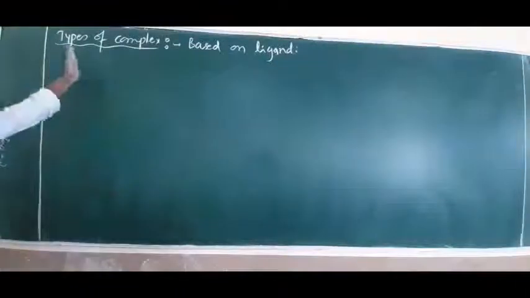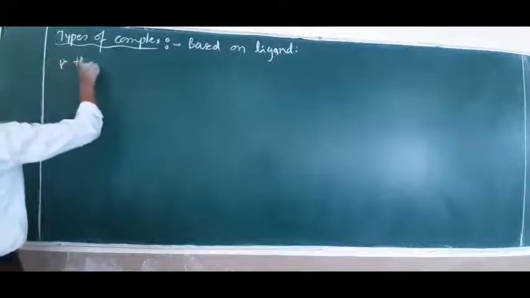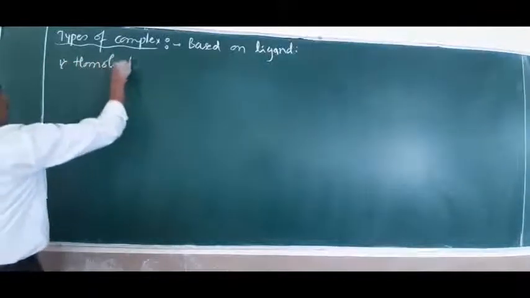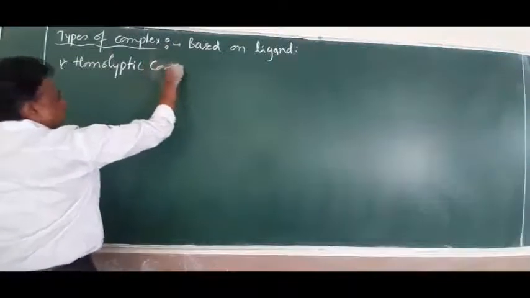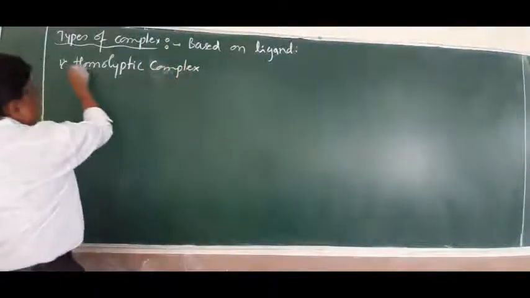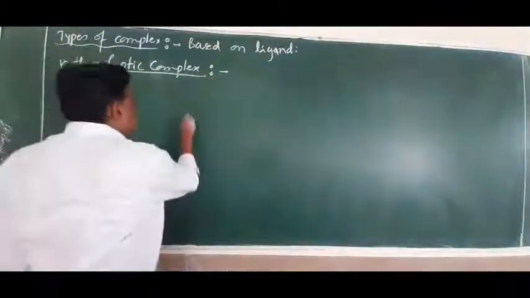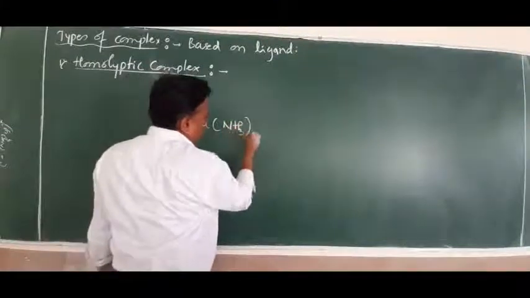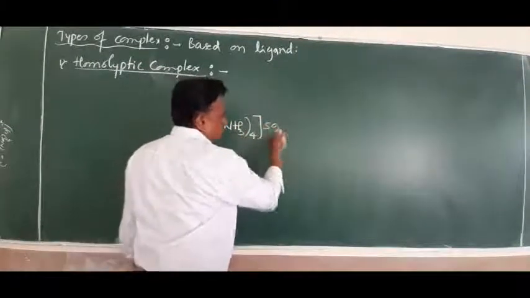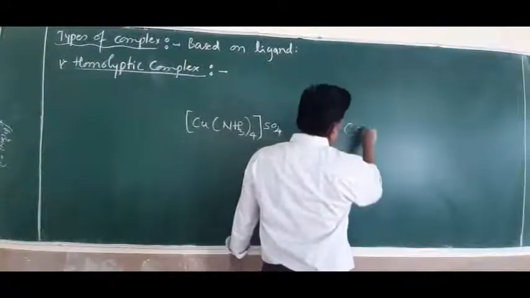Sir, how are complexes classified based on ligands? The first one, homoleptic complex. Yes, what are homoleptic complexes? We start with an example and then come to the definition. NH3 4 times SO4 or K4 FeCl6.